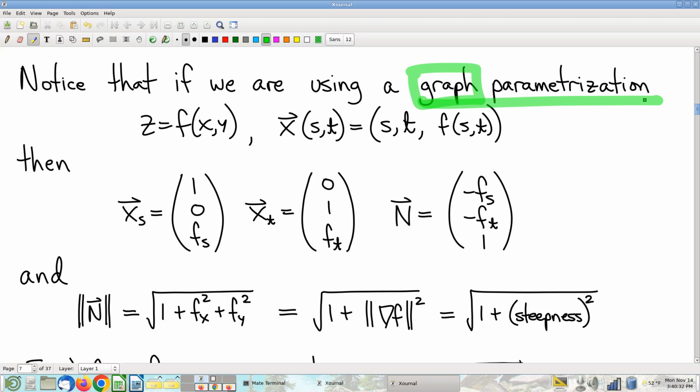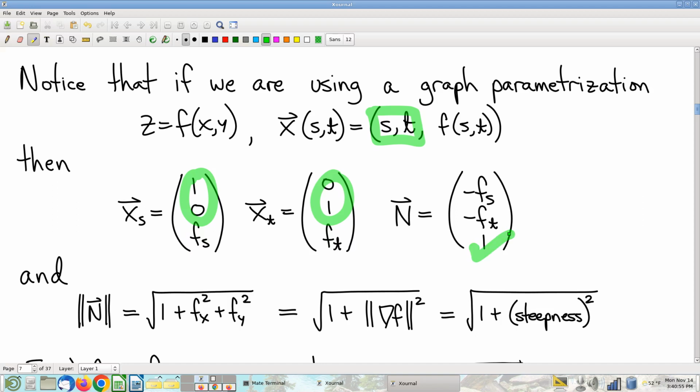Well, the thing is, if it's a graph parameterization, then it immediately follows, this is what a graph parameterization is. Two of your coordinates are just going to be parameters. They are the parameters with respect to which you're taking the partials. That means you're going to get ones and zeros in these positions every time. Which means you're going to get a 1 in the cross product in this position every time.